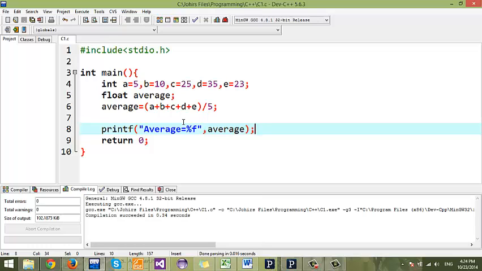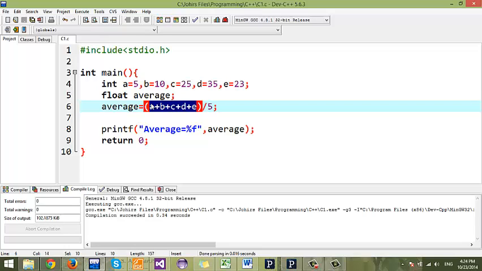Why? In the C programming language, see, this part is integer as it's adding all the integers. This part is also integer, and in C there is a special and interesting term called automatic typecasting.